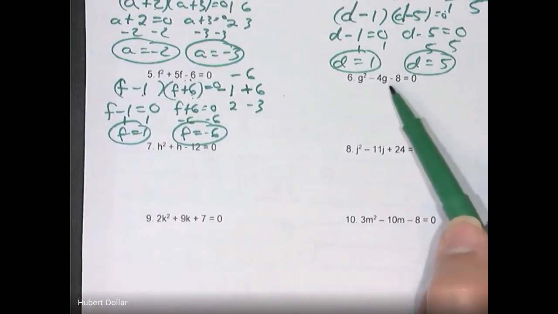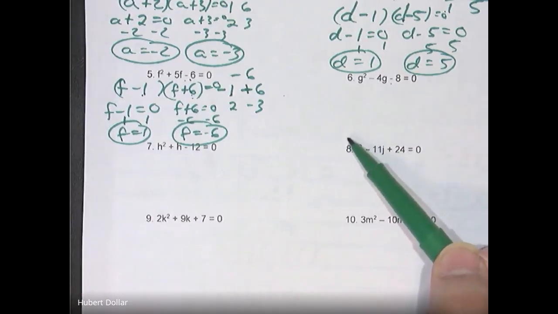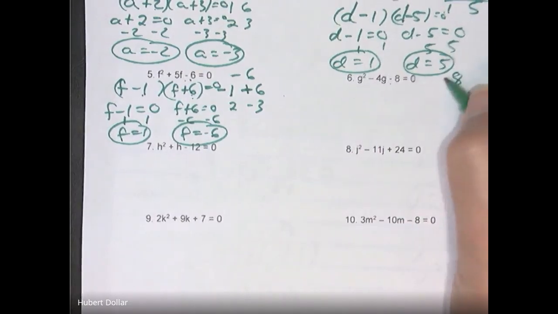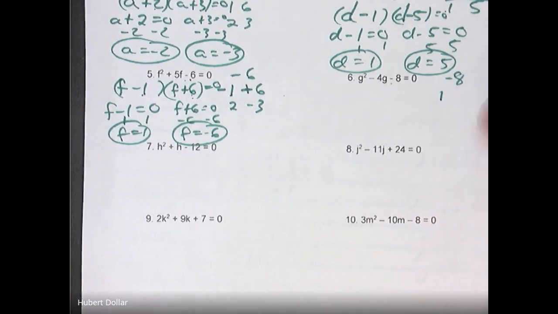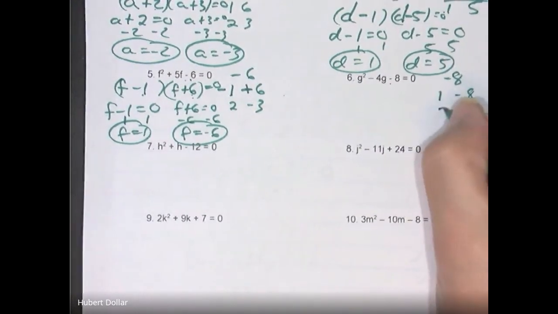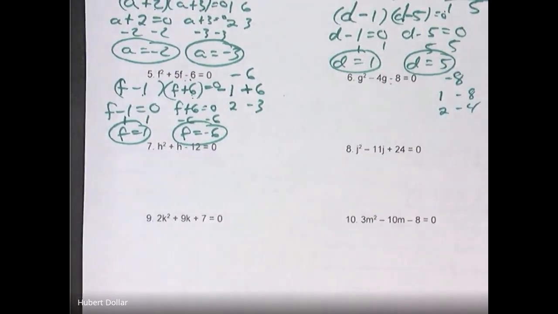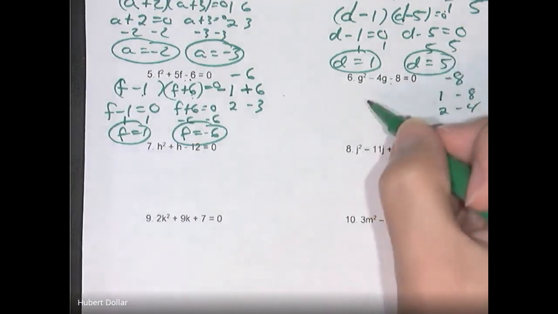Numbers that multiply to get negative 8 and add to get negative 4. 8 is 1 and negative 8, or 2 and negative 4, the only numbers that multiply to get negative 8. 2 times negative 4 is negative 8, but 2 minus 4 is negative 2. So this doesn't factor.